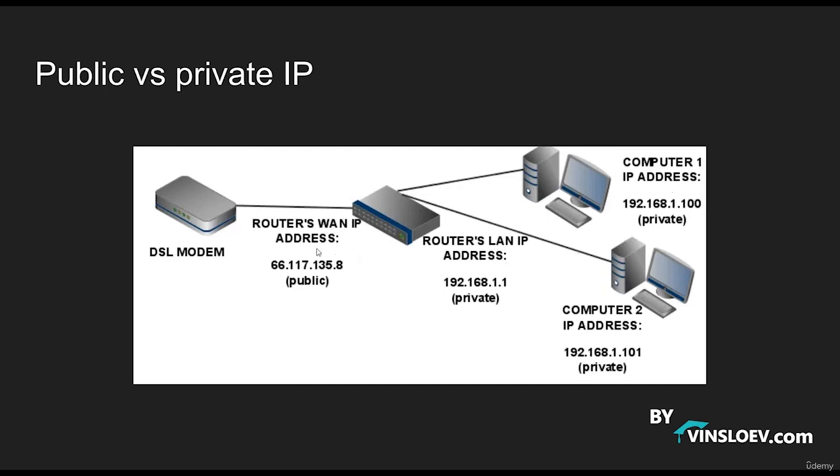Then we have the public IP, which is the one that is showing outside to the world. So this is the IP that the web pages you visit will have in their logs when you're connecting to them, or whoever you communicate with on the outside will see this IP, because this is your public IP given to you by your internet service provider.